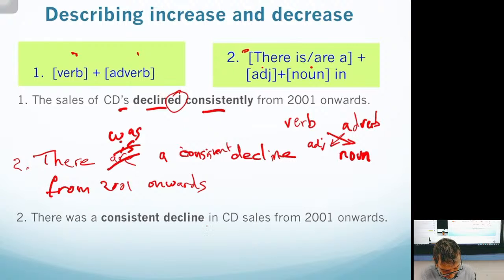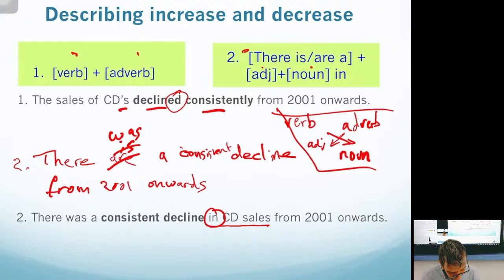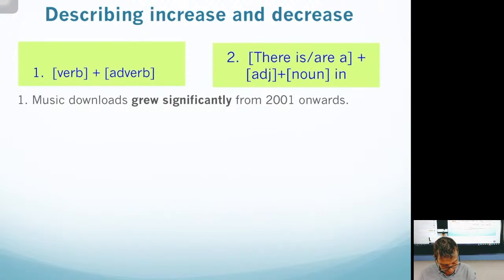Alright, so we're adding on this bit also. Don't forget to add in. What is the decline in? It can be in whatever we're talking about. We're talking about sales of CDs or CD sales. Alright, hopefully that works out. What I was trying to do here was show you that verb goes to noun, and adverb goes to adjective. I'll try and draw a better one here.